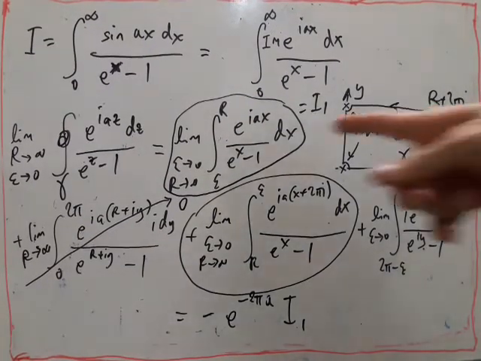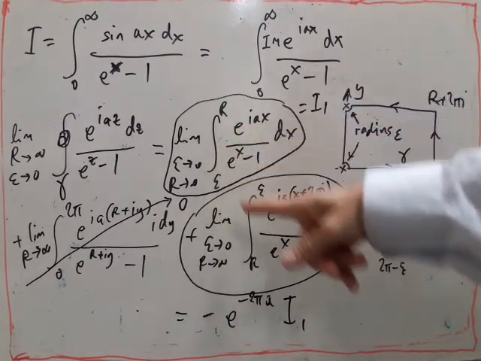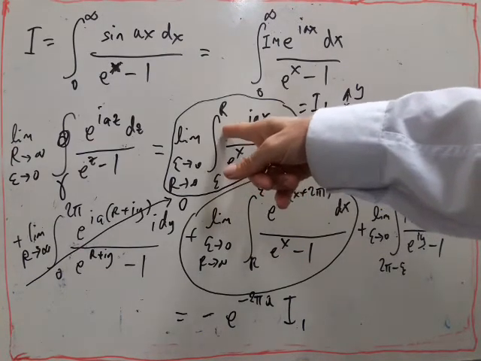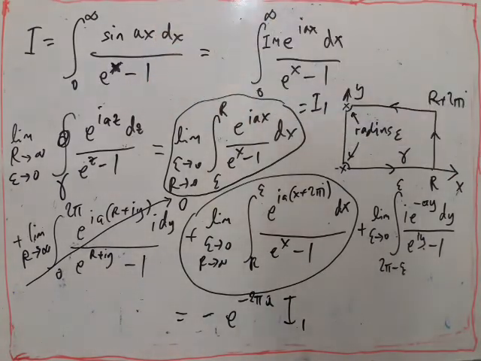Now the problem with these two integrals is that as epsilon tends to 0, strictly they don't exist. But if we take the imaginary part inside, then that just gives us the integral we want, I. Okay, so we're close to what we want.